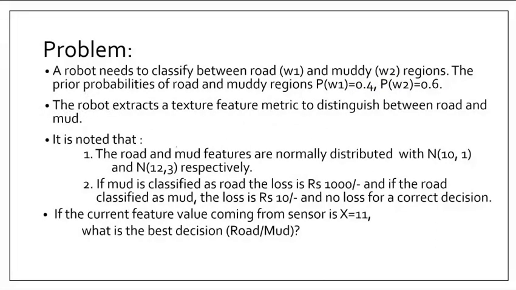Now we will take this example. Suppose there is a robot. A robot needs to classify between, say, road as omega 1 and muddy region as omega 2. So I want to do this classification between two things, omega 1 and omega 2.